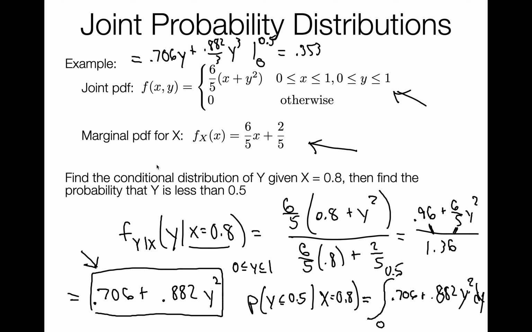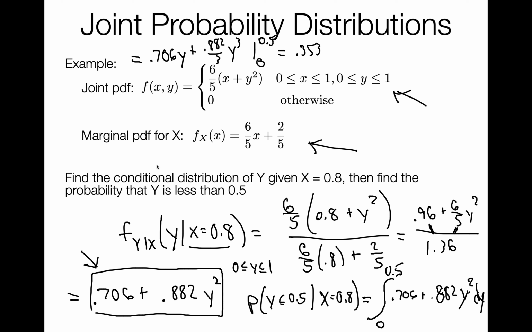Or rather, we should do 0.5 cubed. 0.5 cubed is 0.125 times 0.882 divided by 3, and then that is 0.037 about. It's really 0.0365, but we'll round to 0.037.